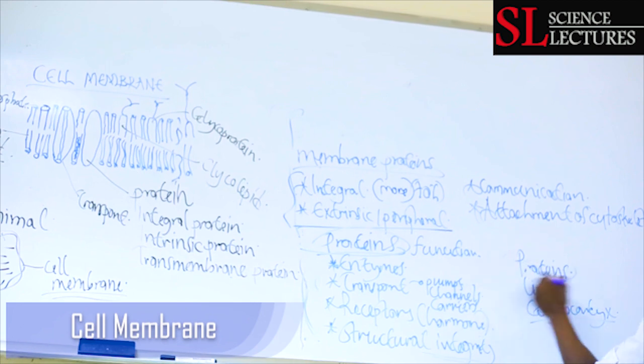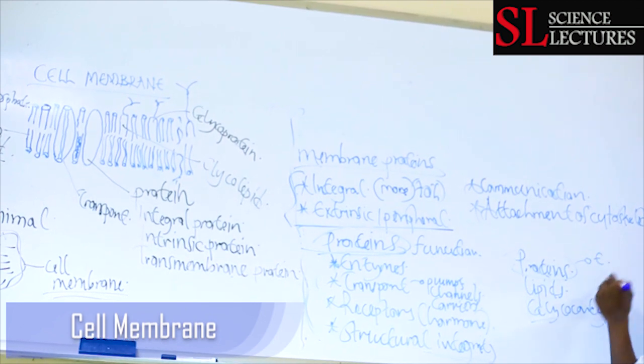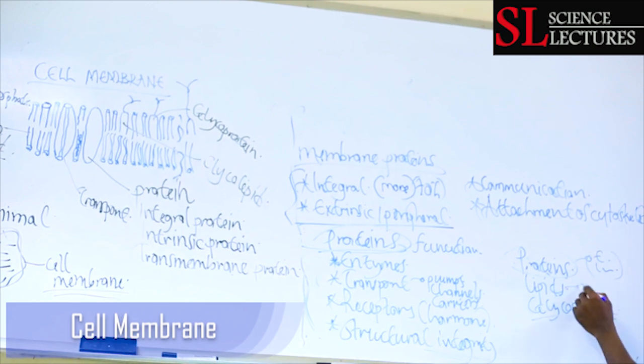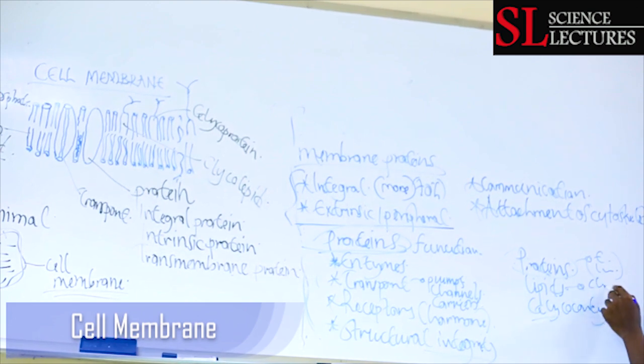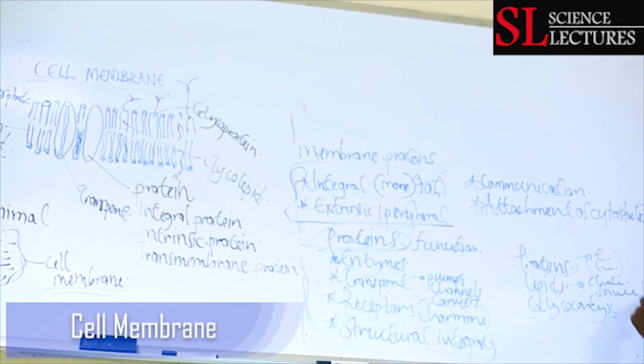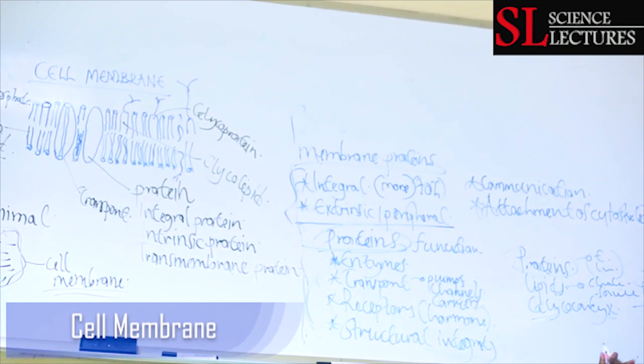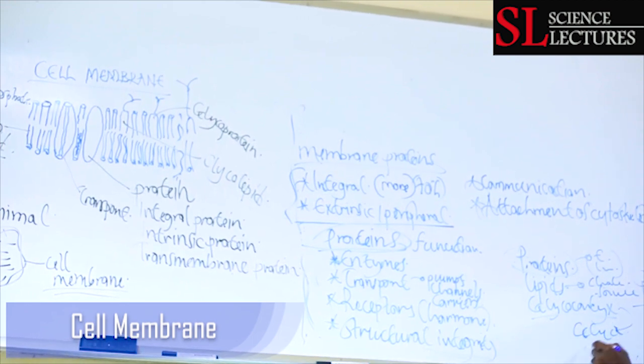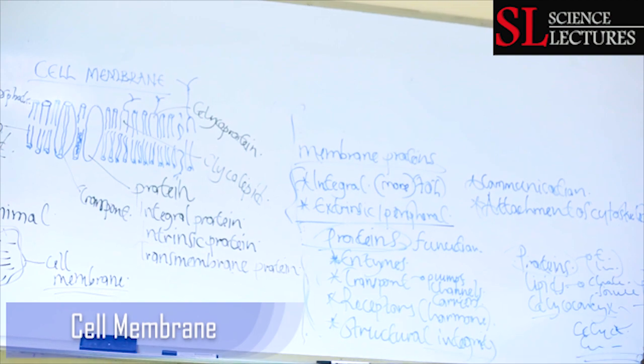For proteins, we've seen a major division into extrinsic and intrinsic, and we've seen the functions of different proteins. For the lipids, we can have cholesterol, the fatty acids, and the phospholipids, also serving different functions within the membrane. Our glycocalyx is divided into two, the glycoproteins and the glycolipids.